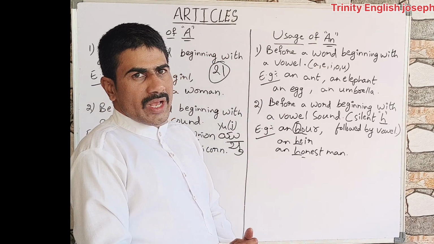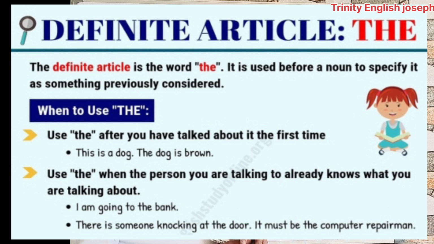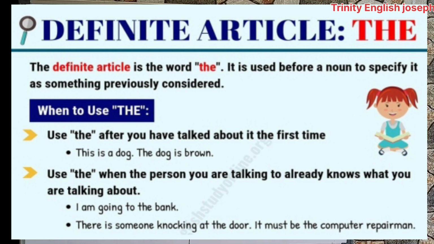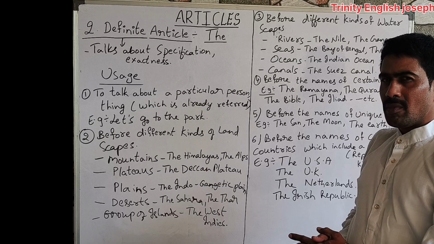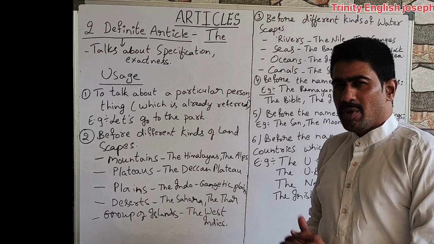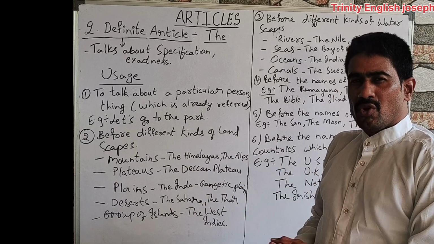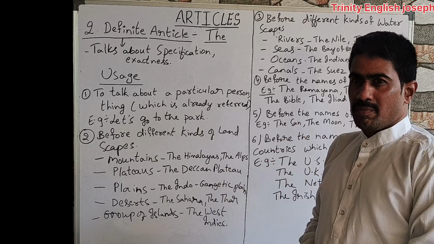Now let us look at the second one, that is the definite article. Hello friends, now let us look at the usage of the definite article the. Sometimes people are confused about where to use the and the.